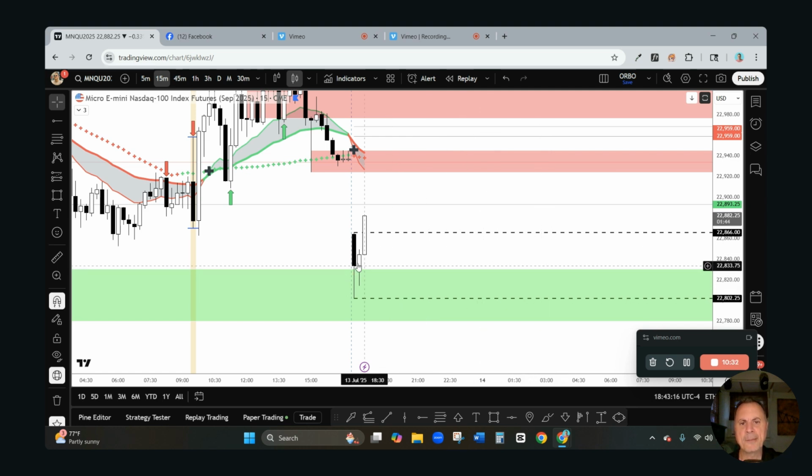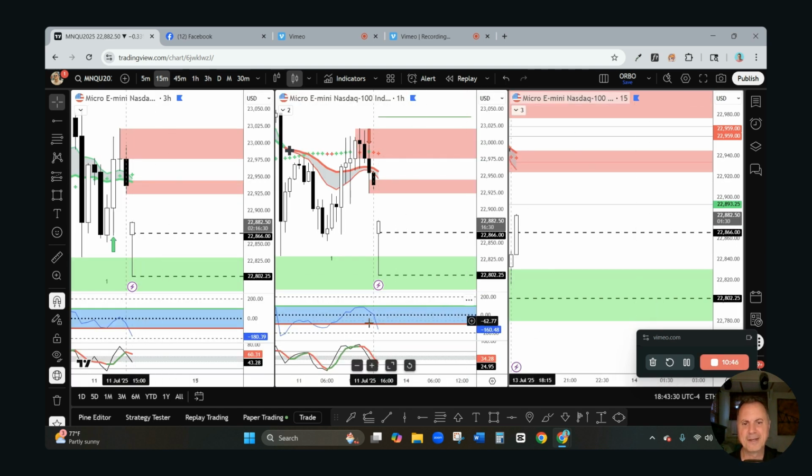Let's see what happens. Probably going to go up to this supply zone here and do something, but still, it's going against momentum and trend. It is going against momentum and trend, right? Trend is down, momentum is down, cycling down.